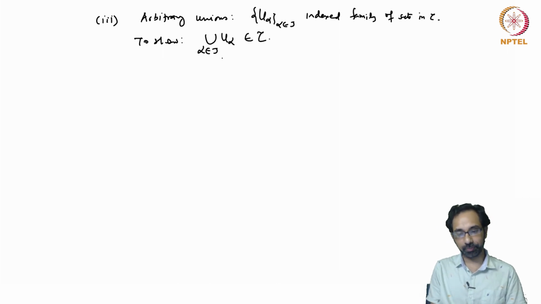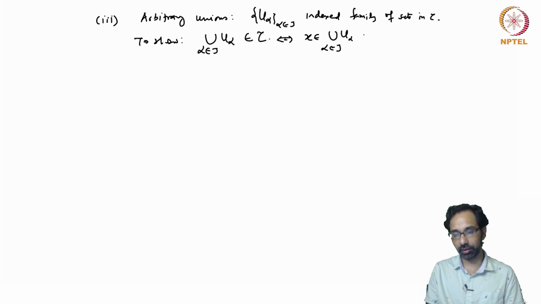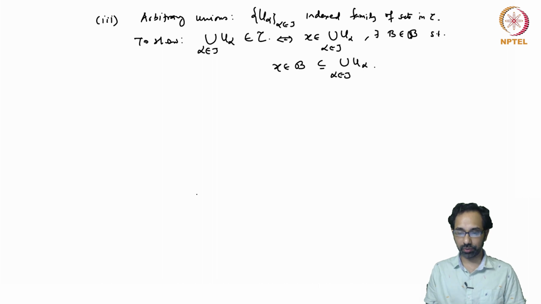So again, what this means is that given any point x in this union, there exists a basis set B such that x is in B and it is a subset of this union. So how do we find this set B?